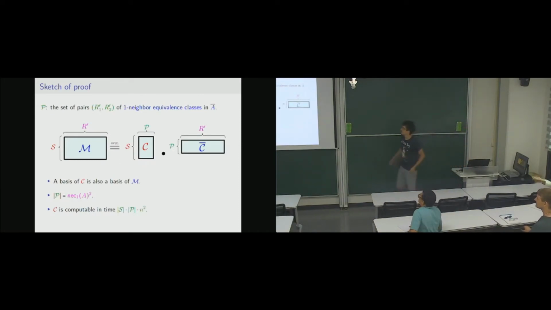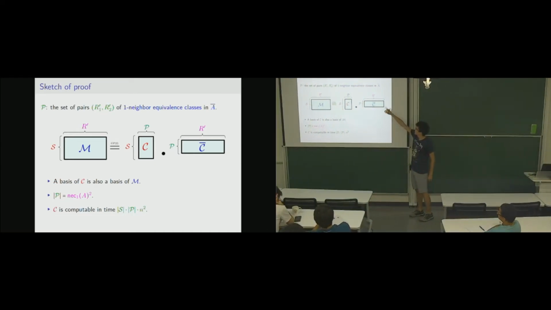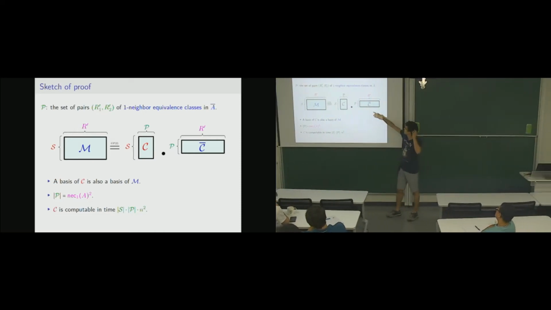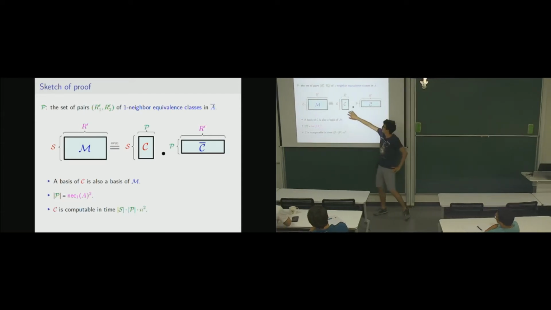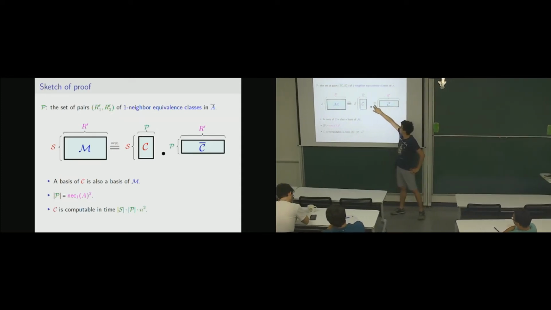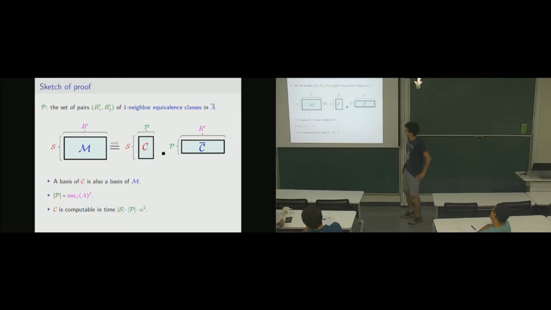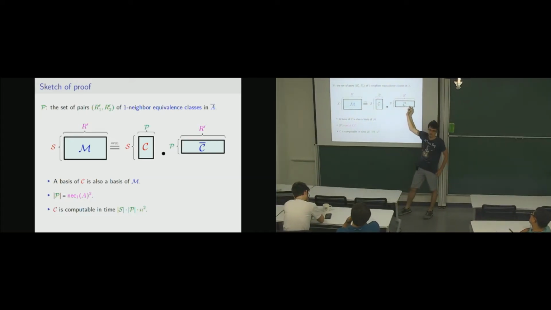So we need to decompose M. I will define P as the set of pairs of one-neighbor equivalence classes of A and the complement of A. And I will define two matrices, whose rows are associated with the elements here, such that we have this equality over GF(2).